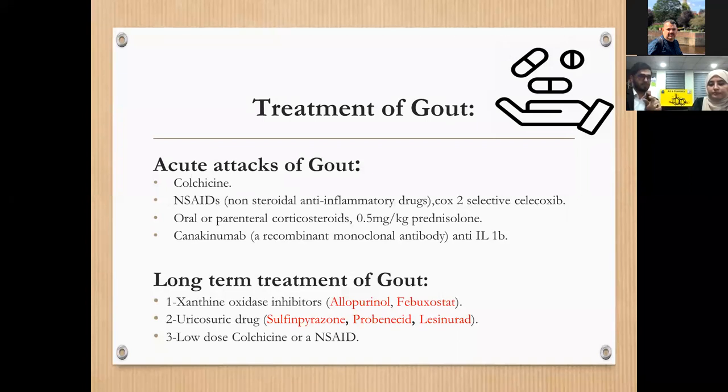Especially allopurinol, when it is taken, may aggravate the uric acid level and raise it somewhat, which will lead to an attack. That's why low-dose colchicine or a non-steroidal anti-inflammatory drug is taken as prophylaxis for gout attacks with the long-term management.